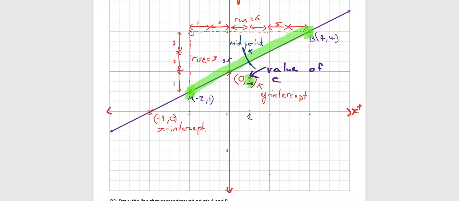It's roughly there. So I'll get rid of the previous one, that's not right, and then I'll put it in. So 1, 2.5. And indeed, this is our midpoint. Much better.